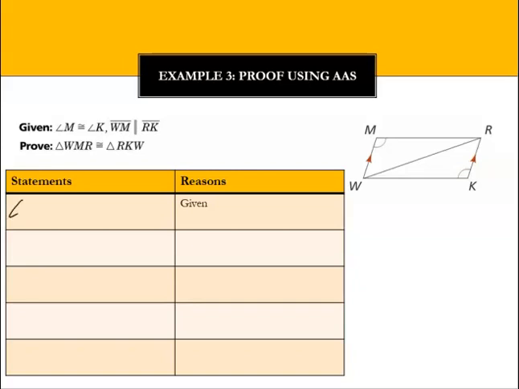So angle M is congruent to angle K, WM parallel to RK. That was given and was also marked on the figure for you. The next thing that I'm going to say is WR is congruent to itself. Go ahead and choose the reason for that. All right, if you said the reflexive property, you would be correct.